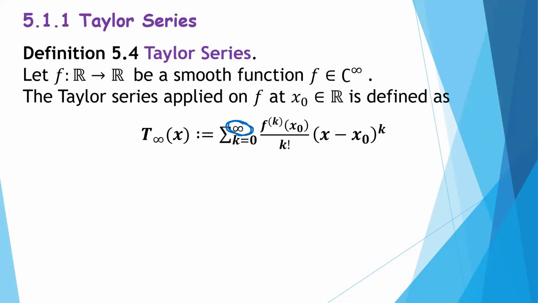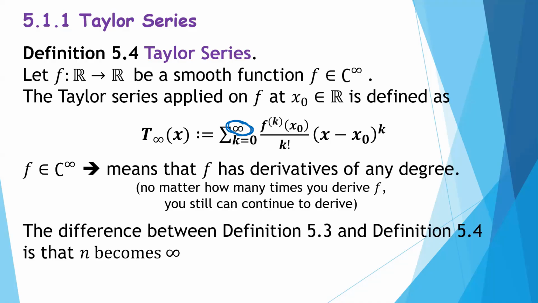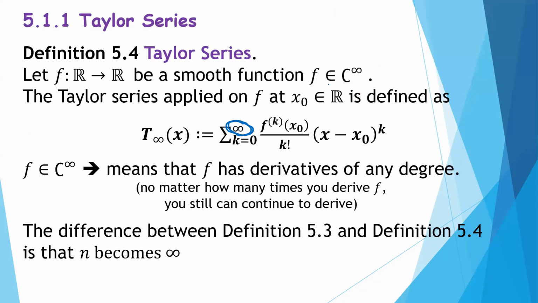But what happens in this case if your function is regular, so you can differentiate infinitely? You will have that T infinity, the Taylor series, matches your function exactly, equal.